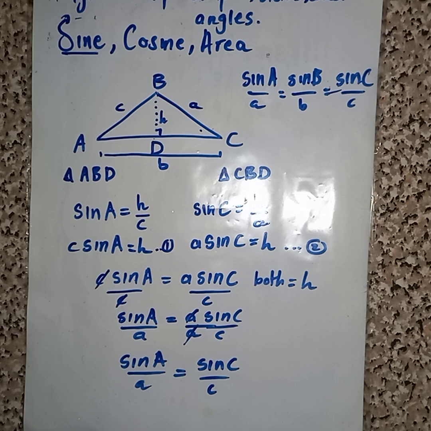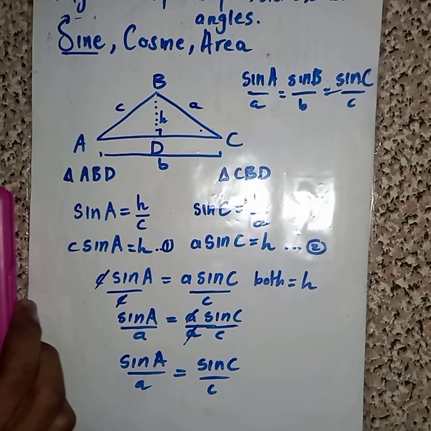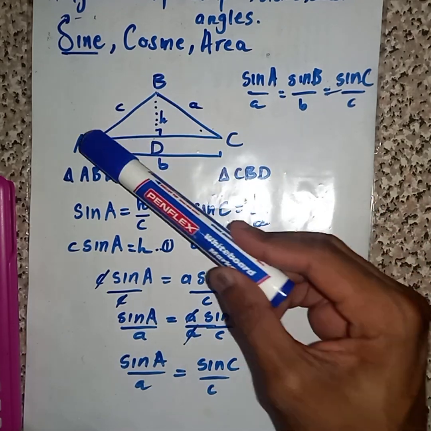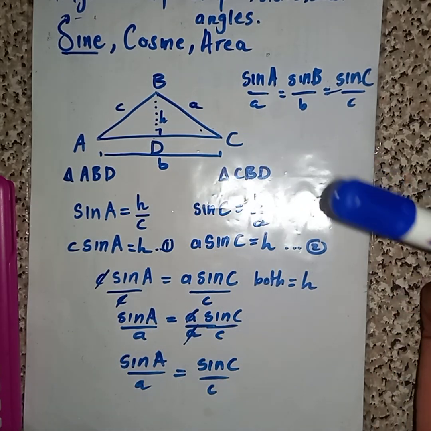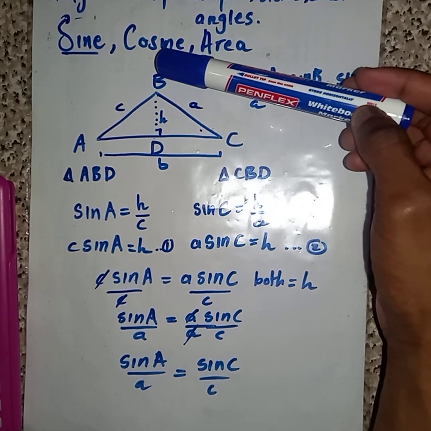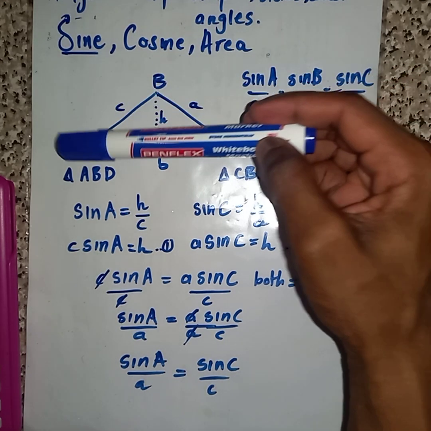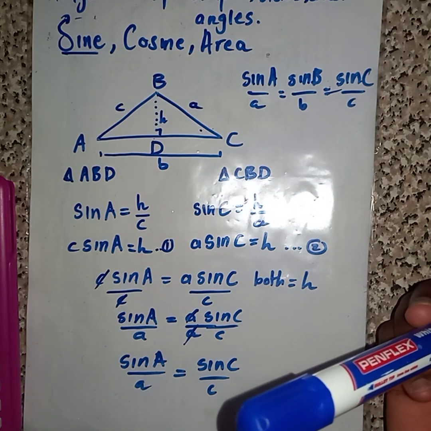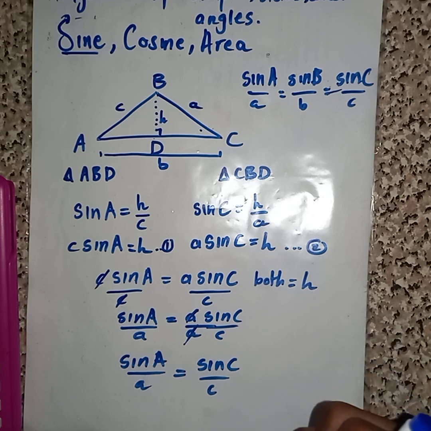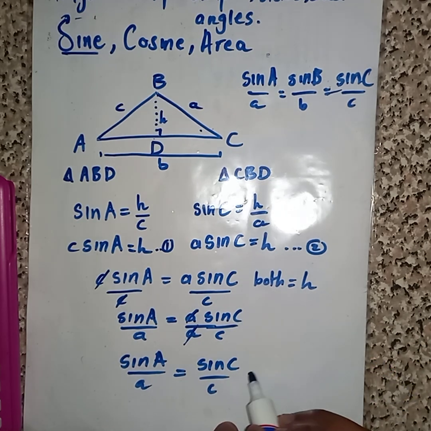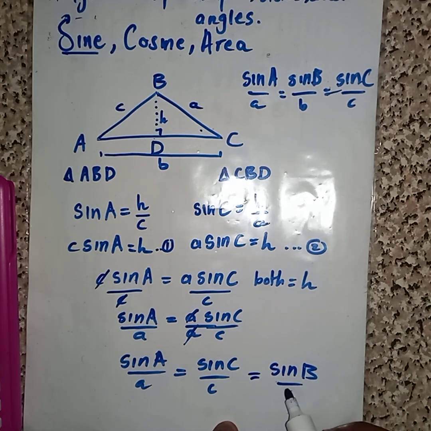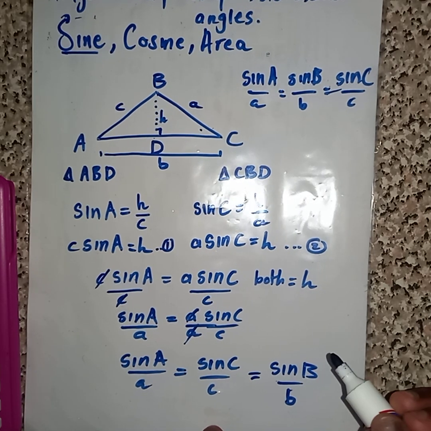Bear this in mind. We have considered the angles A and C. It will also be true if I were to take B and A, or B and C. Hence, from here, we are then going to add sine B over small b.